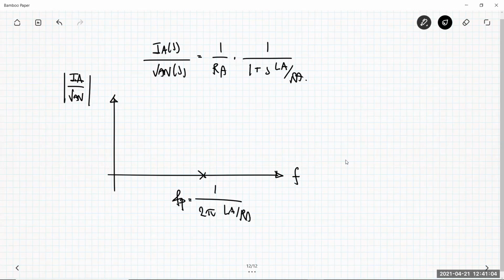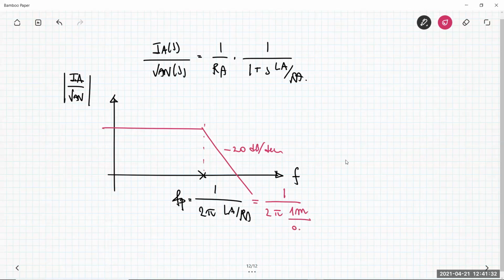And this low-pass filtering action has a slope of negative 20 dB per decade. It is a single pole filter that is exploited as the modulator. So FP, if you put numbers here, is 1 over 2π, 1 milli divided by 0.5 ohm. This is more or less 18 hertz.